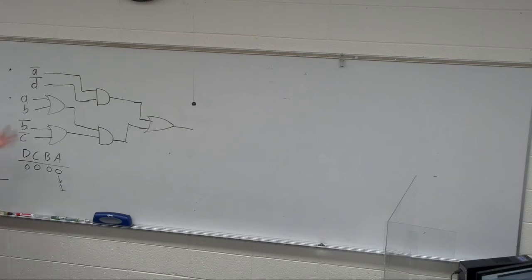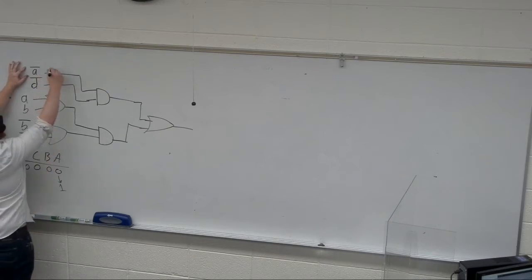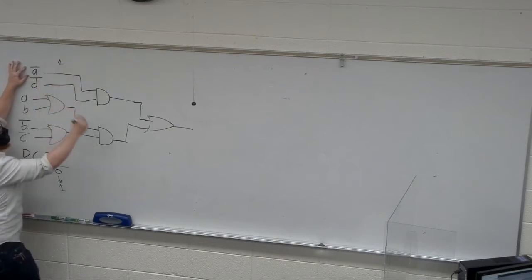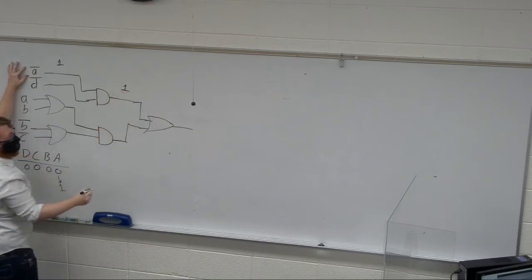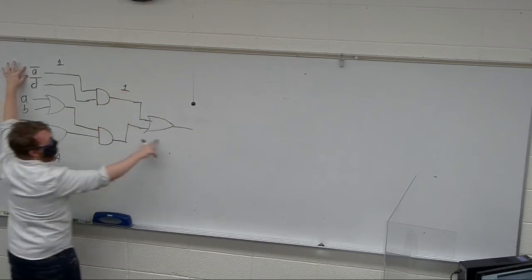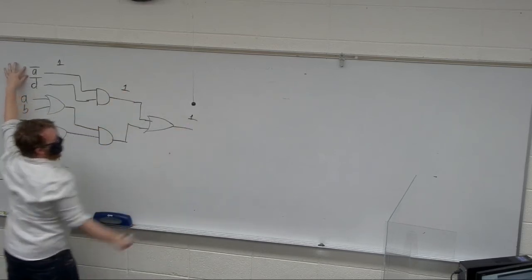And let's just assume that all gates have 1 nanosecond delays. So A is a 0. So that means this path is a 1. This path is a 1. And this is 1.